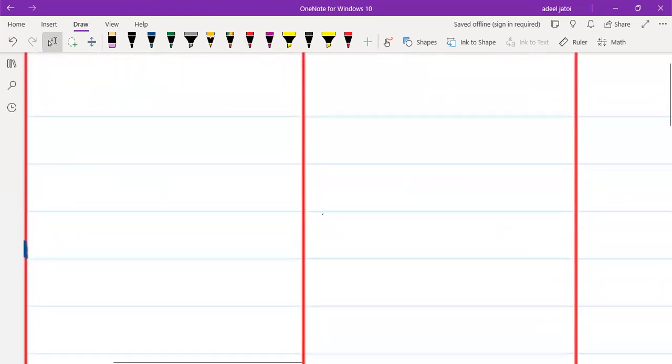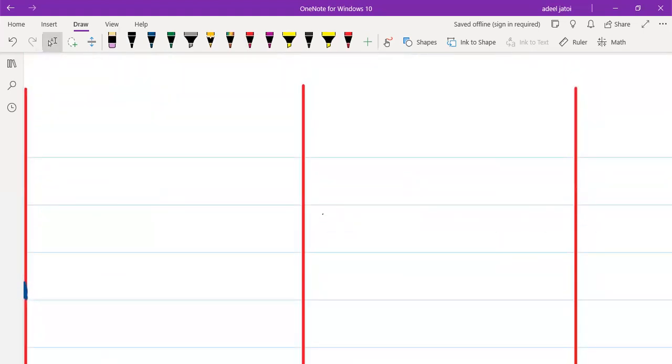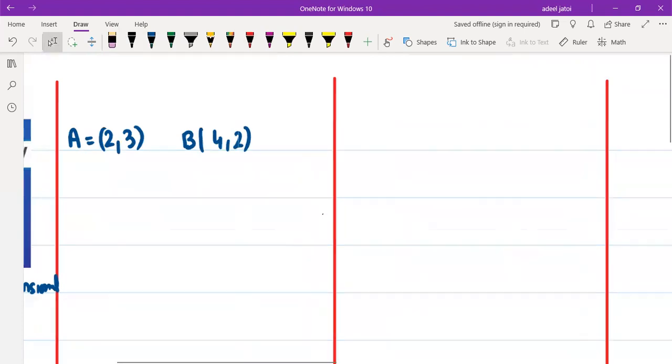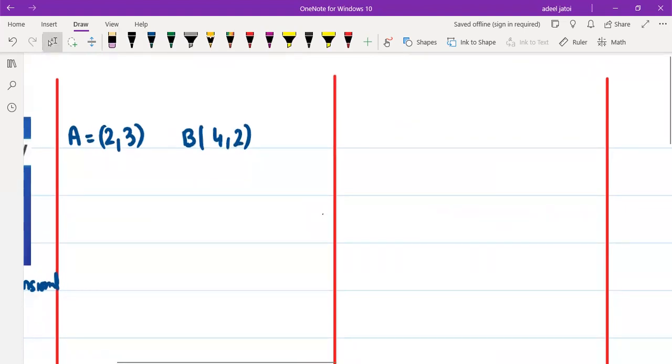Let's start off with very basic. If I say A is 2, 3 and B is 4, 2. Now these are your coordinates.